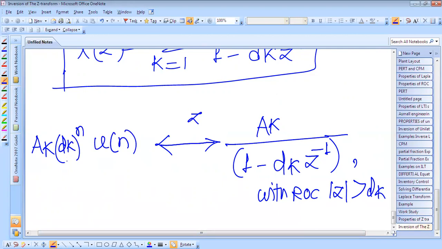Then its inverse Z transform will be Ak, a constant in the numerator, into dk raised to power n into u of n.